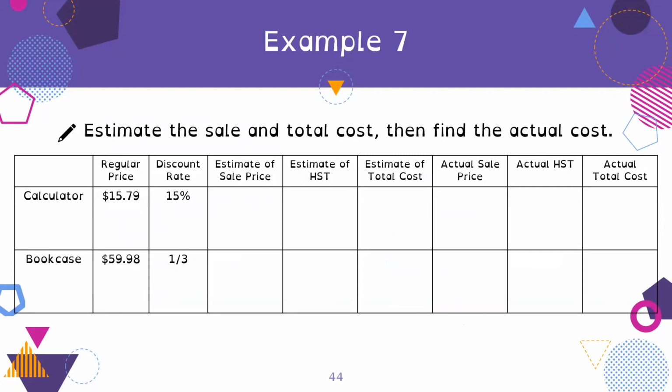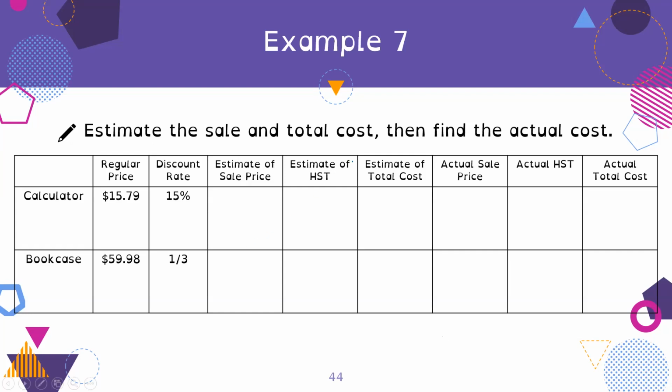All right, so we don't have time to go through this chart, but this is a really good thing to practice if you're looking for some practice to estimate your sales price, and then to go through and calculate it exactly as well, both your sale price and your HST, and then your total cost. It's really good to practice doing both of those so that you can understand how the estimation generally comes pretty close and is realistic, even if it's not exact.